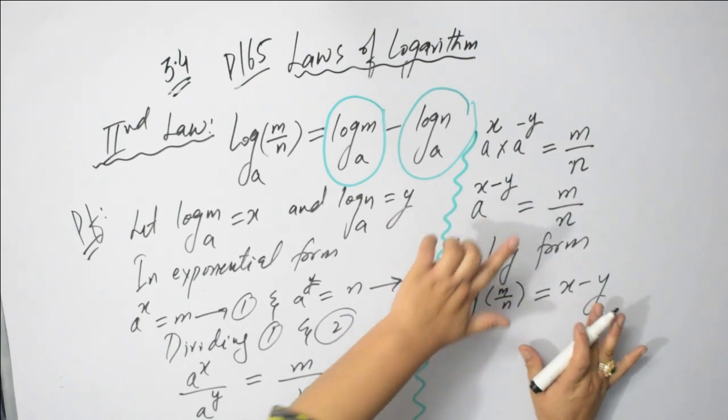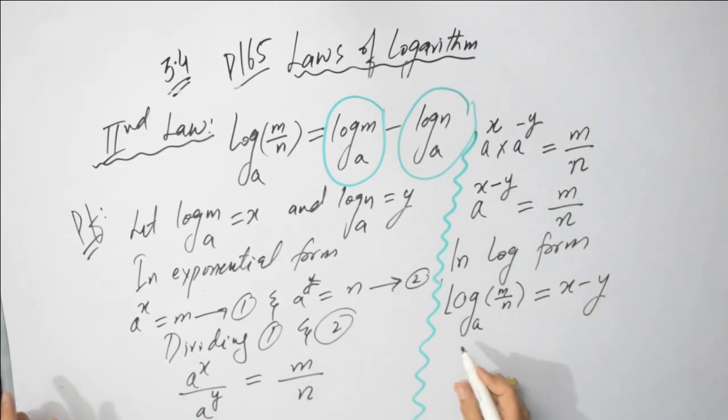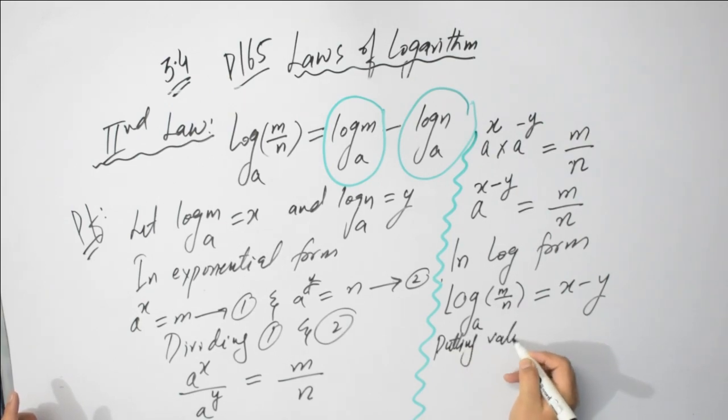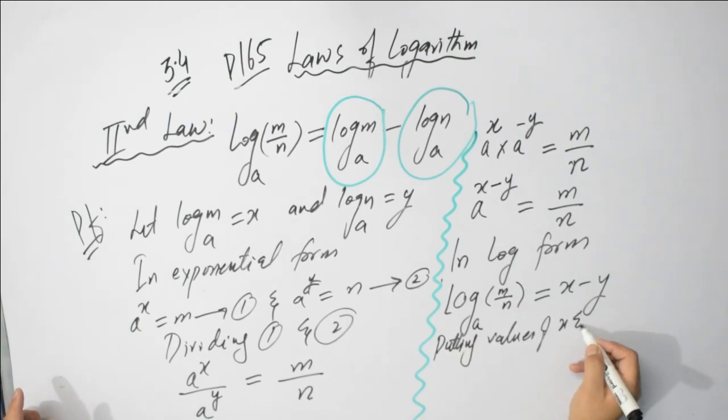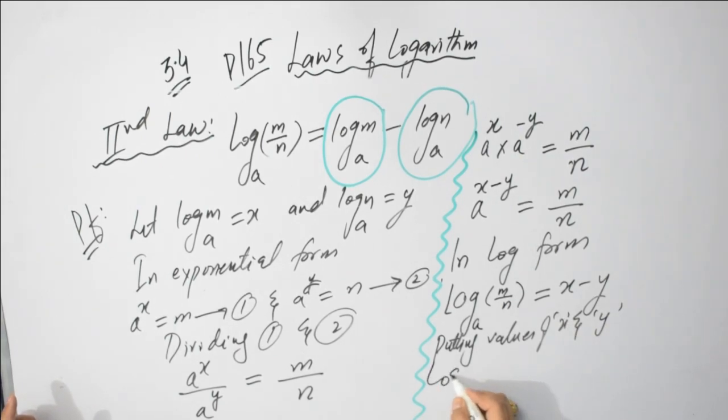Base is the same, this number is equal to the exponent. So putting the values of x and y, we put the values, then our proof of the second law is done, right?